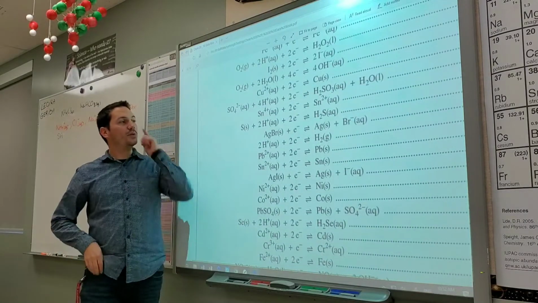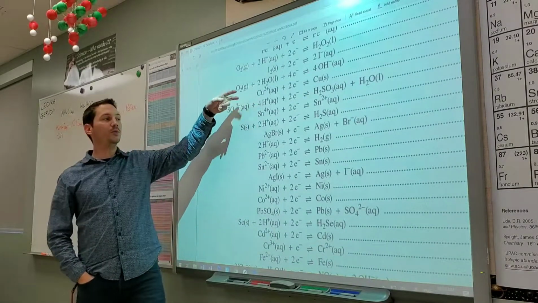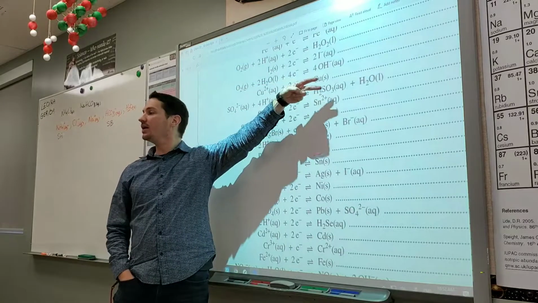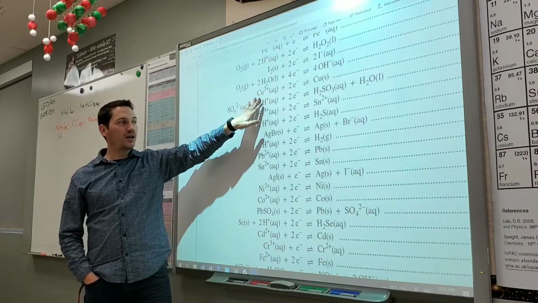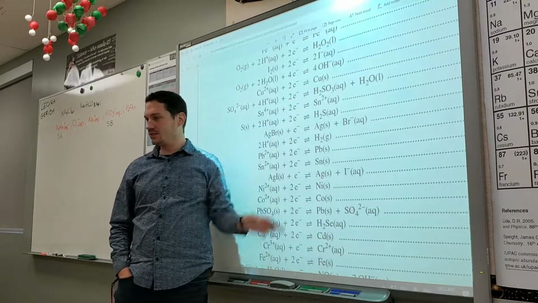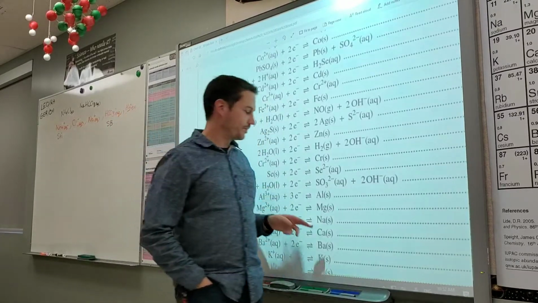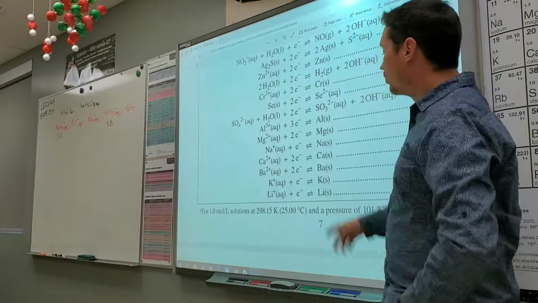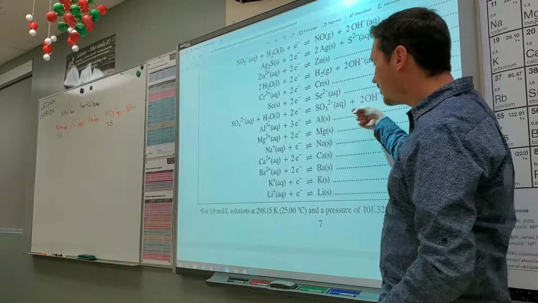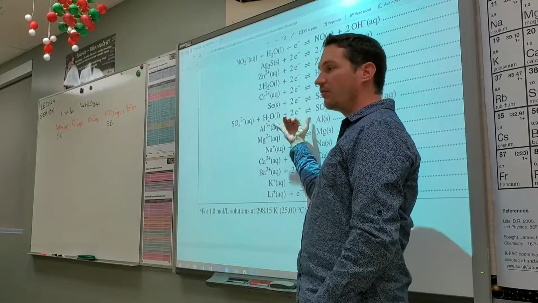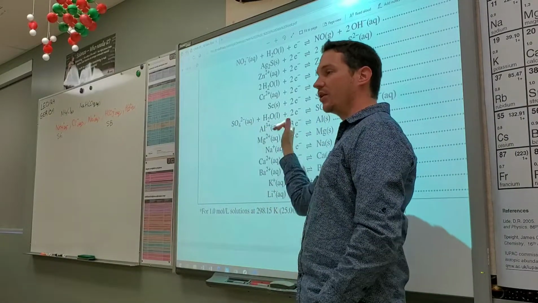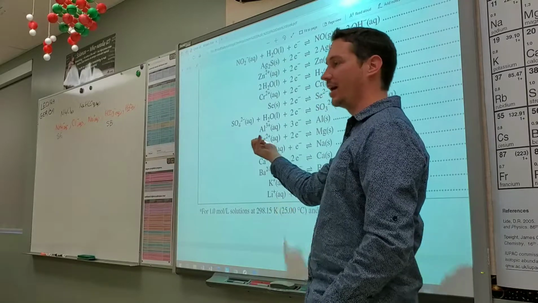The copper 2, because we're starting with copper 2, we will just write this reaction the same way it appears here. We're starting with this thing and we're going that way, right? But with the aluminum, we're starting with this thing, so we have to go that way. So I would flip this reaction, turn it into an oxidation half reaction.